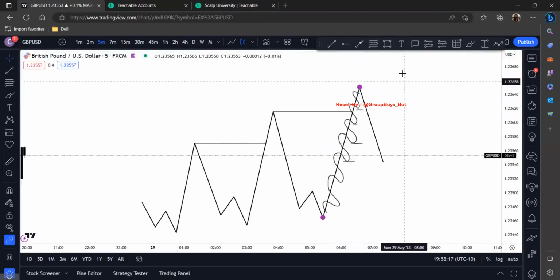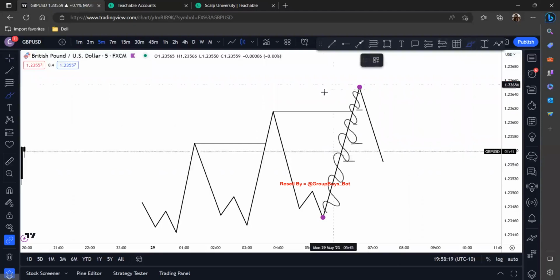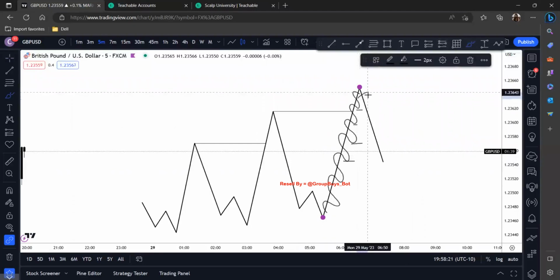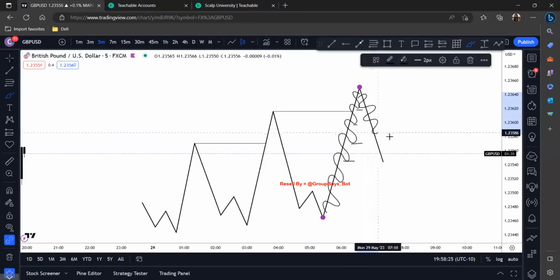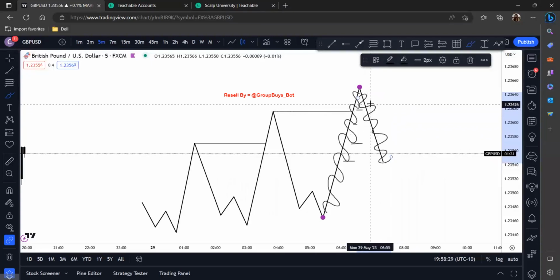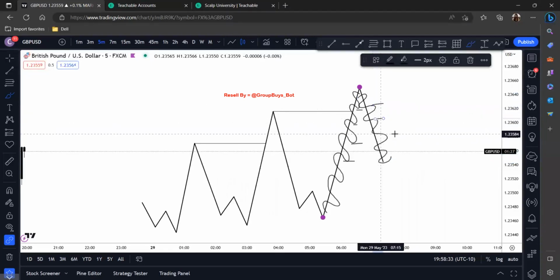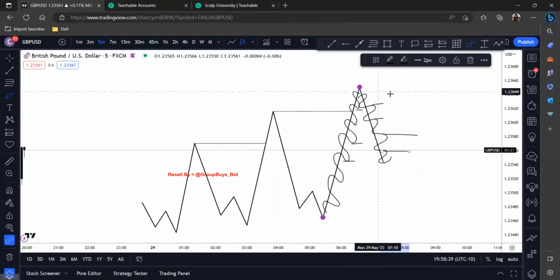As this is coming down, price is also creating swing highs at the opposite end of this move. And what's sitting at those swing highs? Liquidity right here, here, here, and here. So as this is coming down, this then becomes our external liquidity.